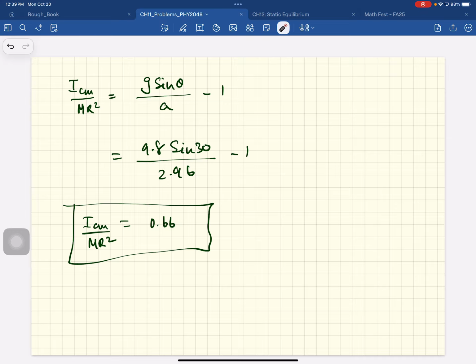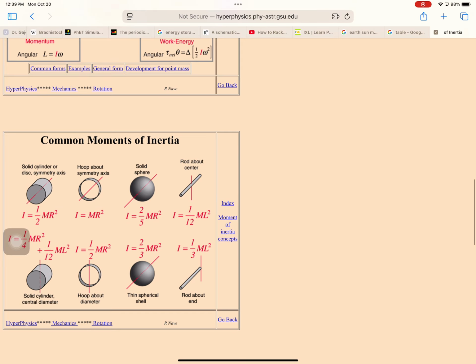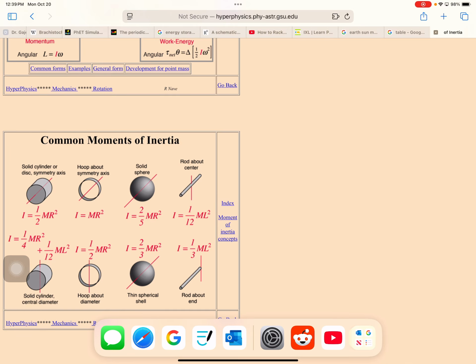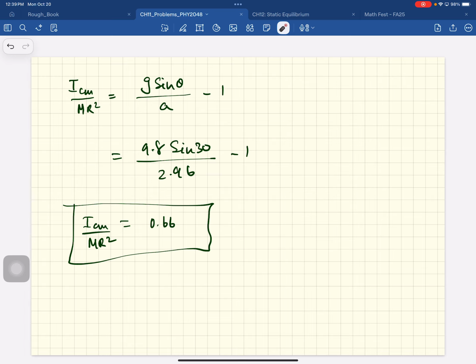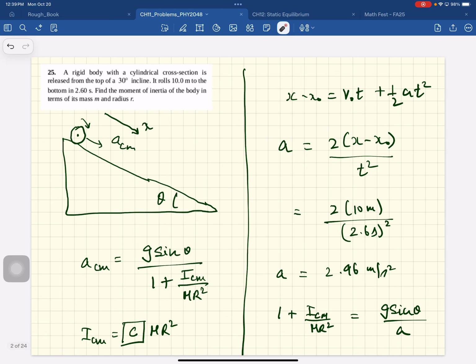So 2/3, okay, so it's probably a thin spherical shell. That's the object. And you guys understand from this formula, the greater this constant is, the bigger this number will be, the smaller the acceleration.